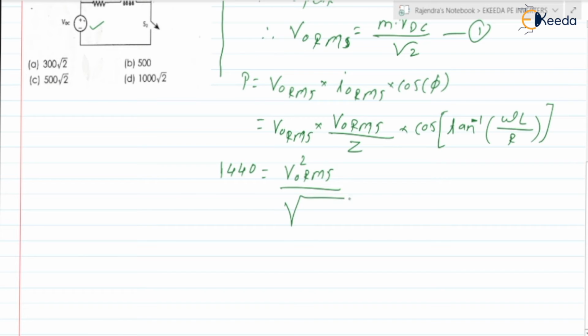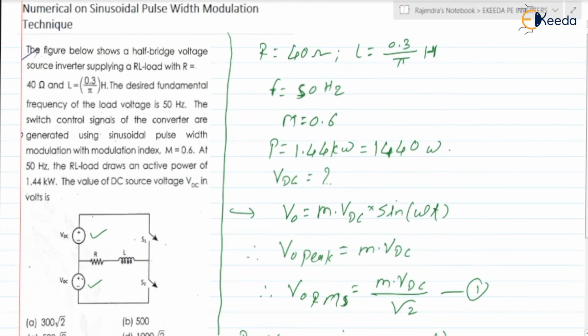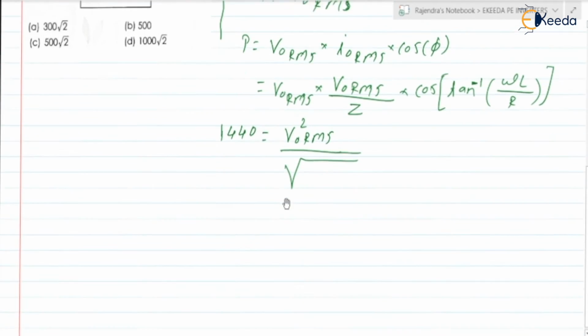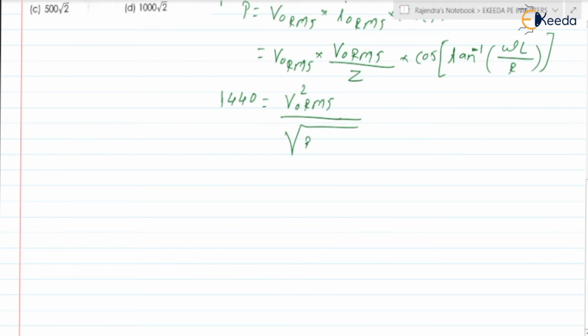Z is nothing but the square root of R square plus omega L bracket square, into cos of tan inverse of omega L by R.